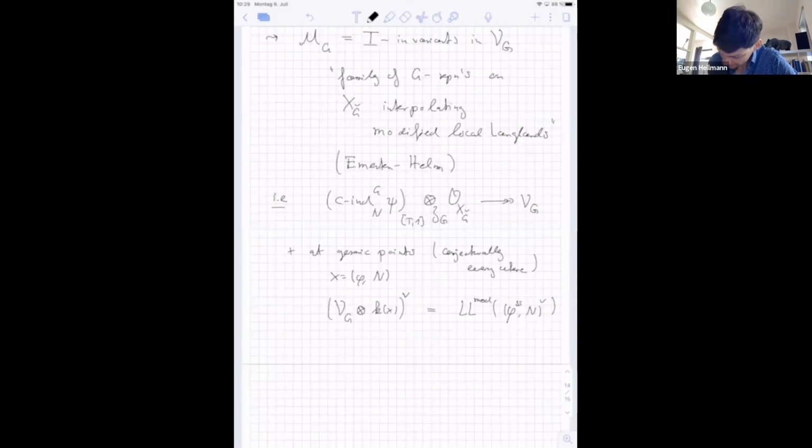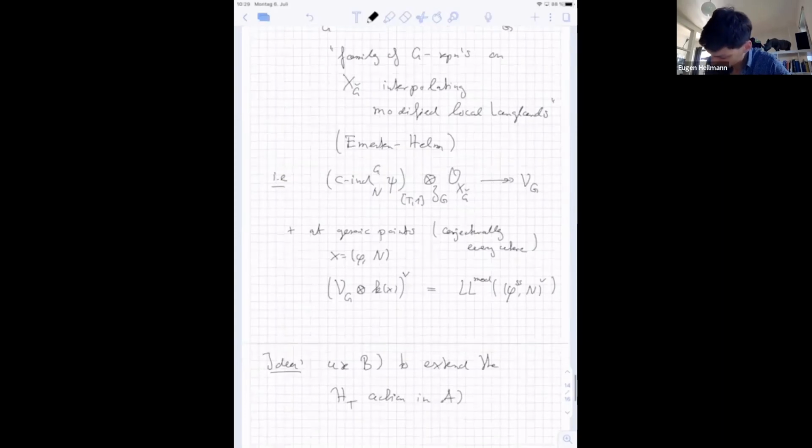Okay, and the main idea is that I want to use B to extend the Hecke action in A to an action of the full Hecke algebra.